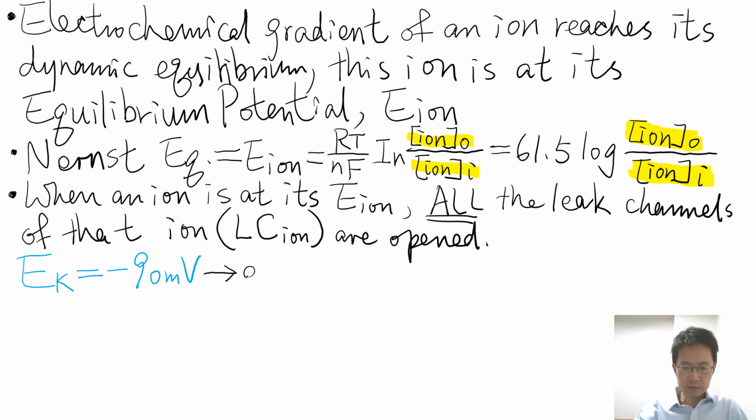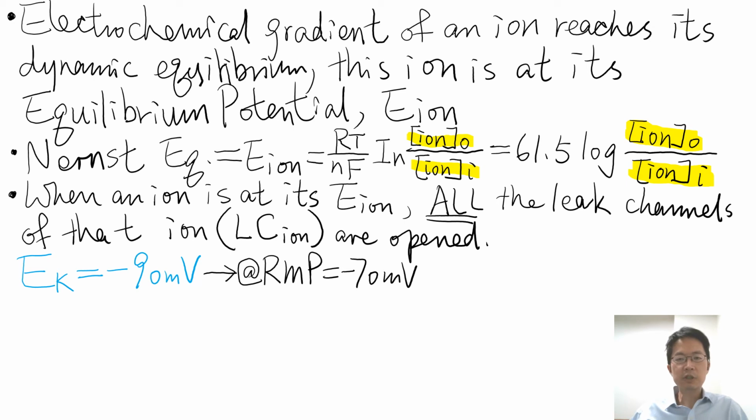At resting membrane potential, which is equal to minus 70 millivolt, because it is very, very close to minus 90 millivolt, most of the potassium leak channels are open.